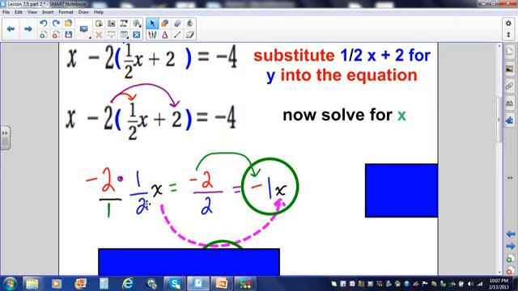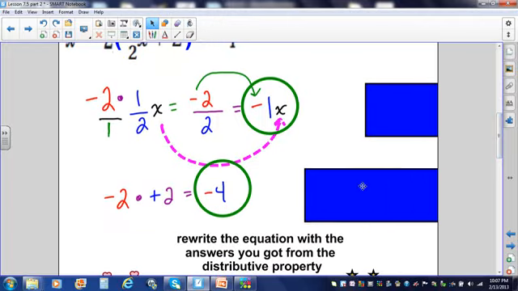Negative 2 times positive 1 gives me negative 2 over 2. When I divide negative 2 by positive 2, that gives me a negative 1, and my dog follows me everywhere I go, so I get negative 1x.